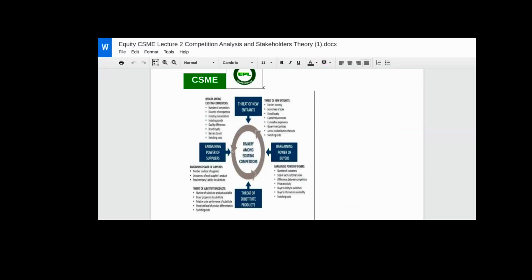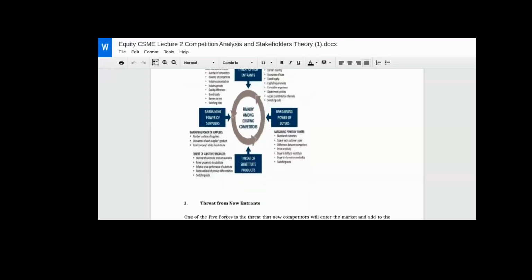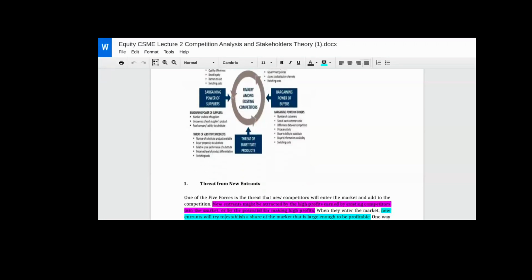There are some diagrams that are compulsory, which I will tell you once we get to that junction, anytime it comes out in the exam, you must ensure you draw the diagram. And once you understand what we are doing this morning, you can draw the diagram. It's a very simple diagram. And some of the examples that we put, you can put underneath. That's what you earn your 2 marks or thereabouts for. So let's look at the first one, the threat from new entrants.